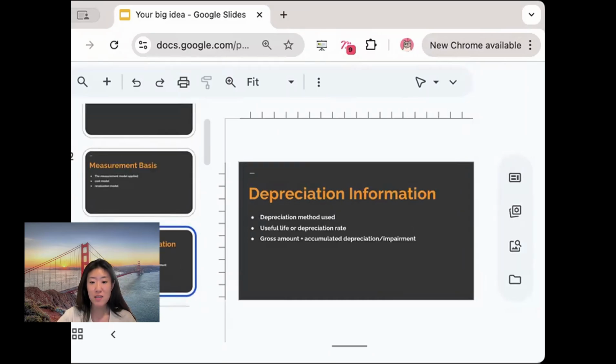Alongside the measurement basis, the financial statements must provide comprehensive depreciation information. This includes the depreciation method used, which green energy plans as the straight line method, and the asset's useful life or its applicable depreciation rate. Furthermore, the notes must disclose the gross amount of the wind turbine, combined with the total accumulated depreciation and accumulated impairment losses recognized to date.